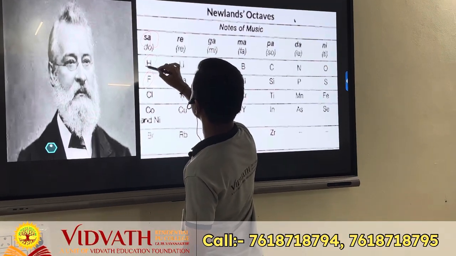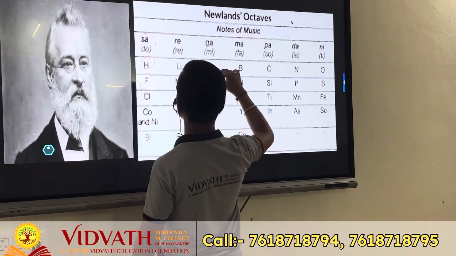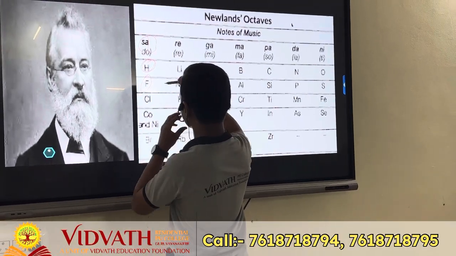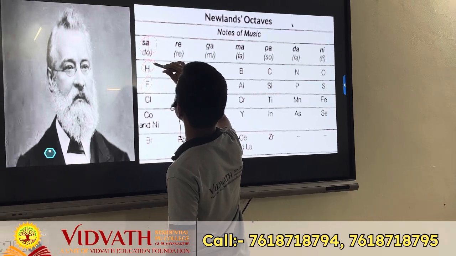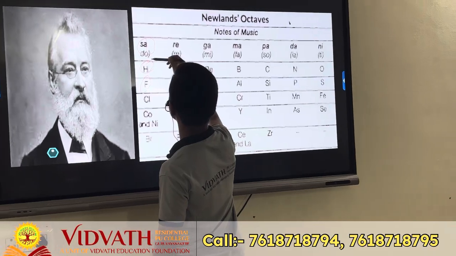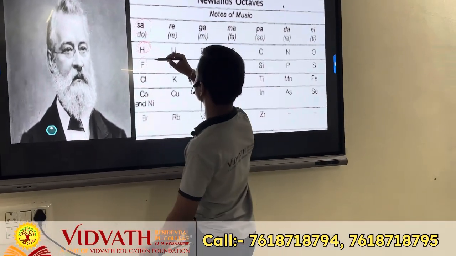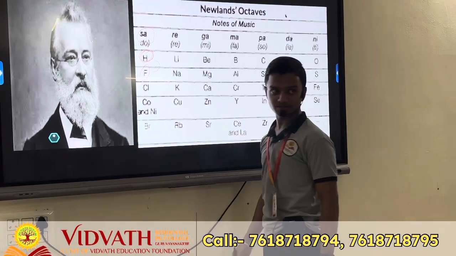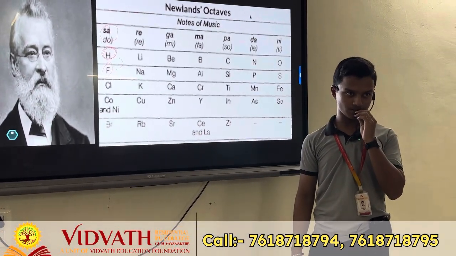In the same way, Newlands placed the elements according to increasing atomic weights, and he found similar physical and chemical properties in every eighth element, which repeats the first element. What I mean to say is these two have similar properties, both physical and chemical. Understood?